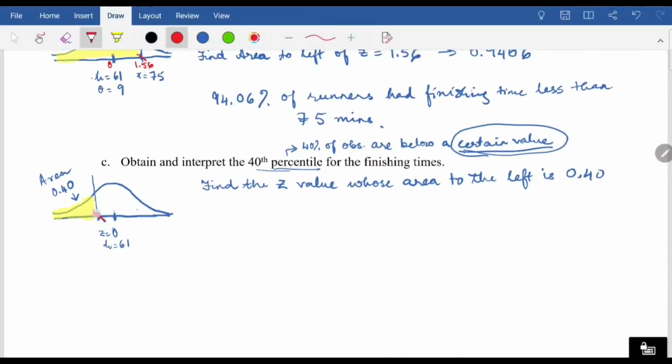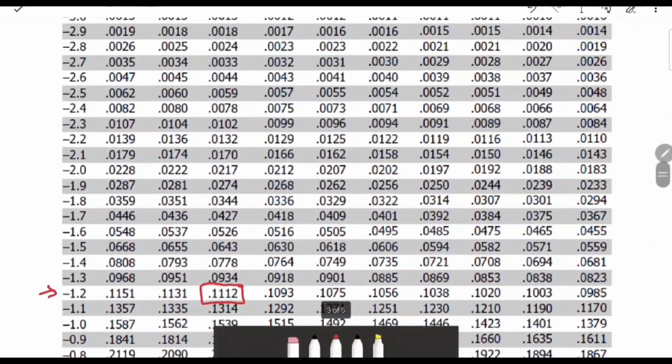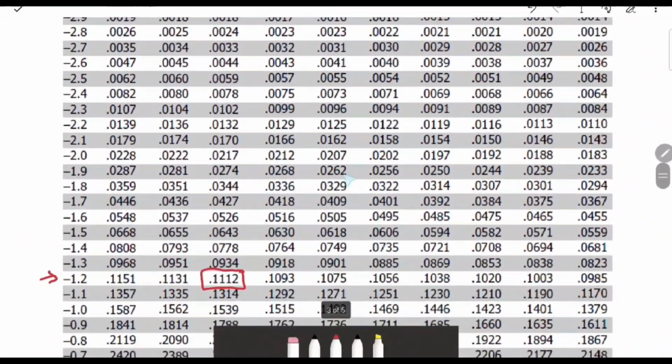We are looking for this mark here, which is on the negative side of the horizontal line. The z value will be a negative value, correct? So we are going to go back and look at the negative table and try to find 0.4 somewhere here.